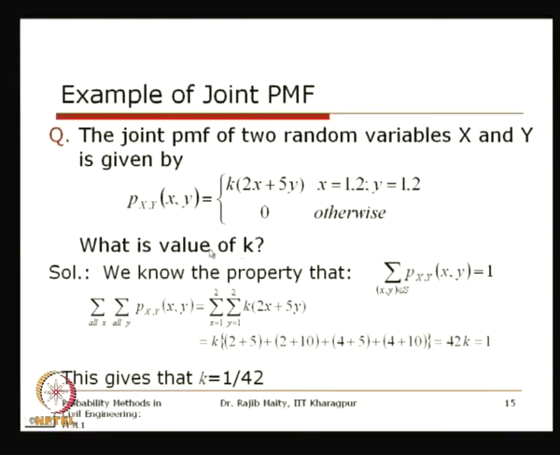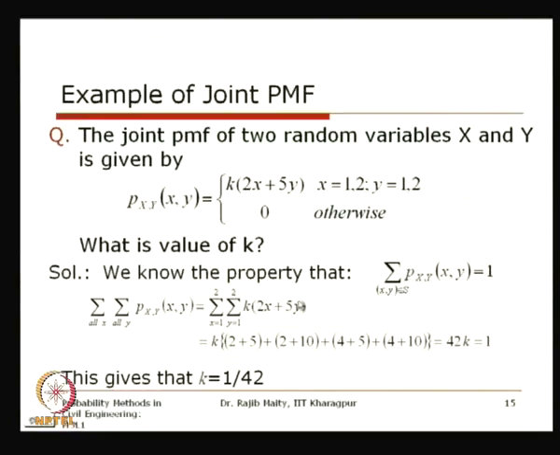Now the question is, what is the value of k? We have to find the value of k because it has to satisfy the properties that a PMF can take. The property is that if we add up the probability mass function over the entire range, it should equal 1. So x can take the values 1 to 2 and y can take the values 1 to 2.